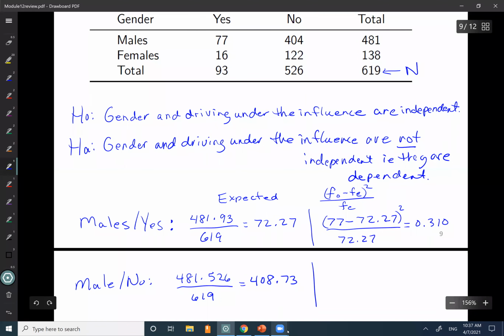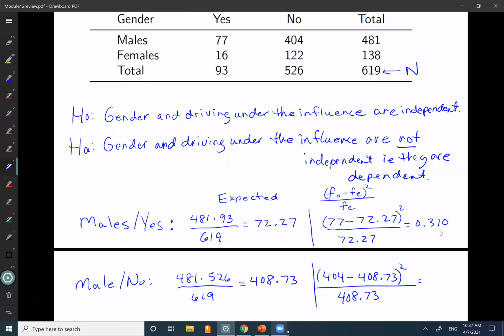So if we look at the cross tabulation, males and no is 404 people, subtract 408, because that is the expected value based on the raw counts, 408.73. So those are the expected.